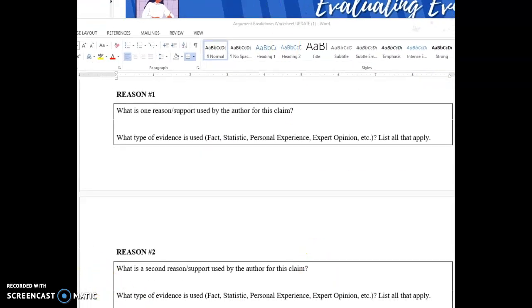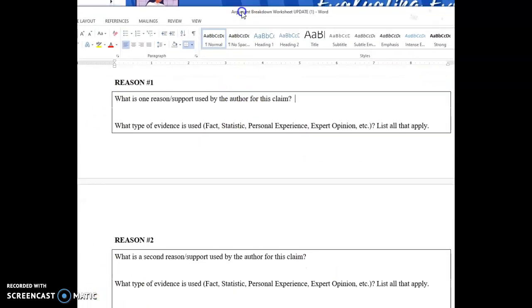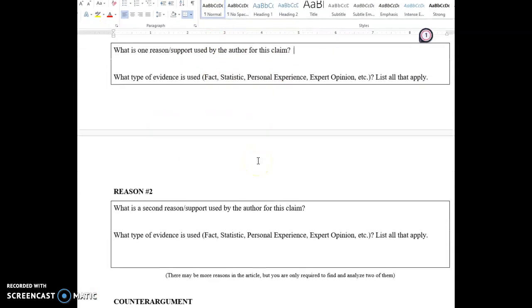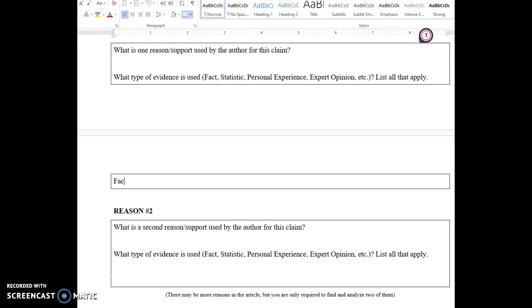And that's what you'll include here: a reason or support that the author used for the main claim, and the type of evidence that they used. And I think it would be helpful if you also included that evidence. So if you answer, fact, opinion, that's not terribly helpful. That's not showing me that you really understand.